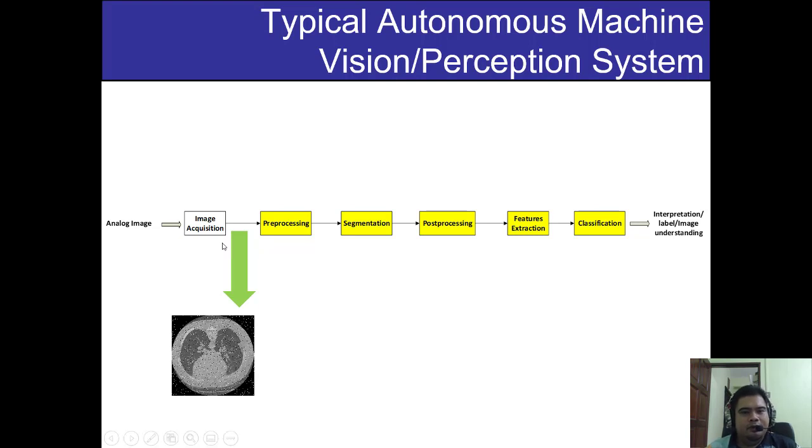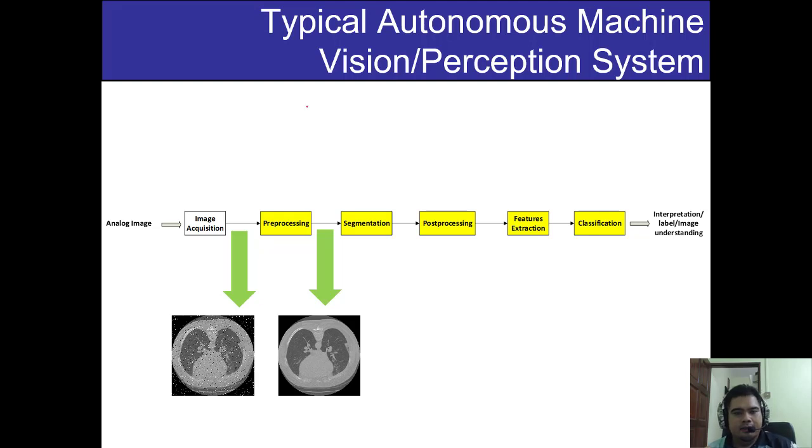Of course, the image acquisition process involves the CT scan as well as the CCD sensor, so you can obtain the digital image. However, unfortunately, the digital image is affected by certain noise, so that's why the second block is pre-processing. By applying pre-processing, you manage to remove the noise. In general, pre-processing involves many approaches, or many sub-blocks or sub-processes of image processing, such as image enhancement.